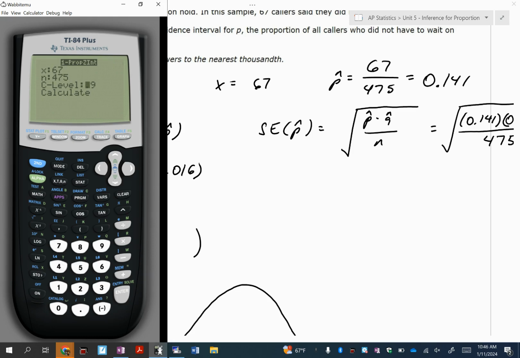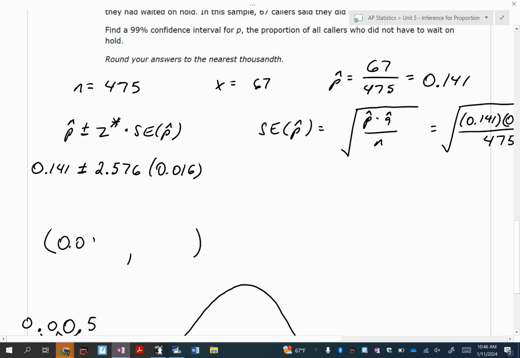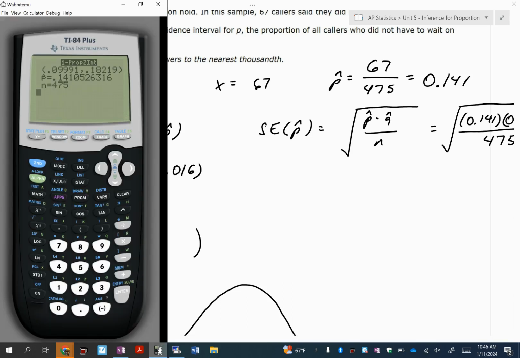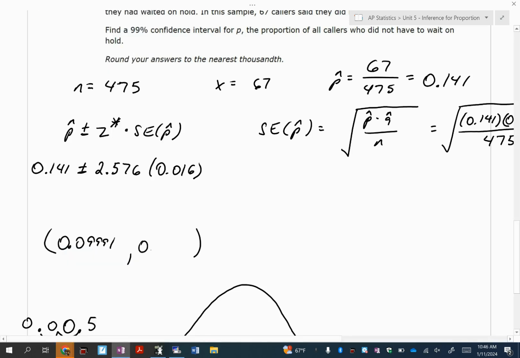And what is our level of confidence? 99%, so 0.99. Go to calculate. And this is our answer, 0.09991. And then the other one is 0.18219.